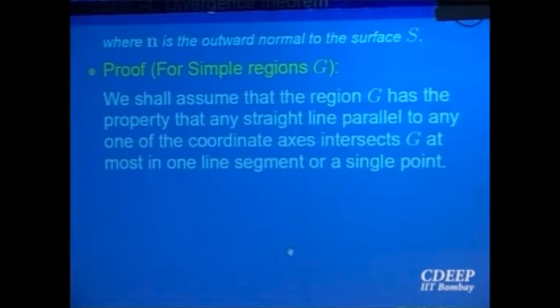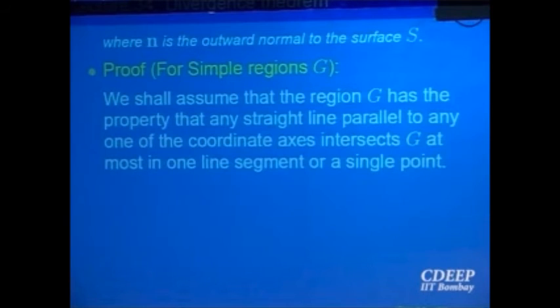As you recall, we proved Green's theorem only for nice simple regions. We will be doing the same thing for this divergence theorem also. We will be proving it only for nice regions. What are nice regions? You go parallel to any axis, and it meets the region only in one segment. It doesn't cross over and go to some other segment. Any vertical line will go through the region, it enters once and leaves, and the region is not somewhere else again where it would enter again.